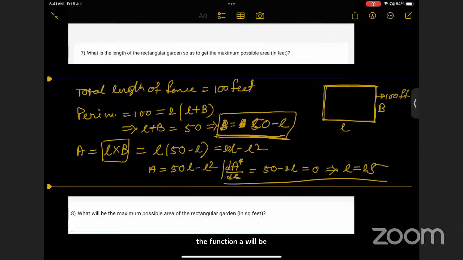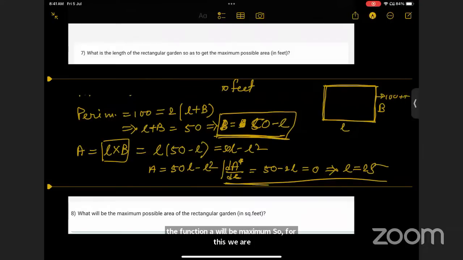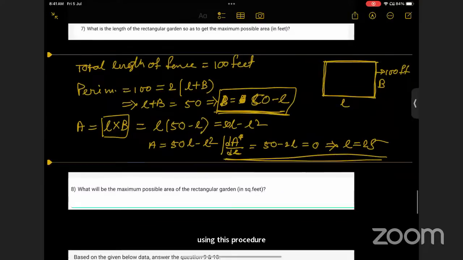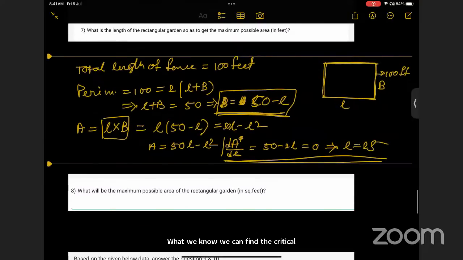So for this, we are using this derivative procedure. What we know, we can find the critical point. If we have a function, if we differentiate it and equate it with 0, then the roots will be the critical points, right?